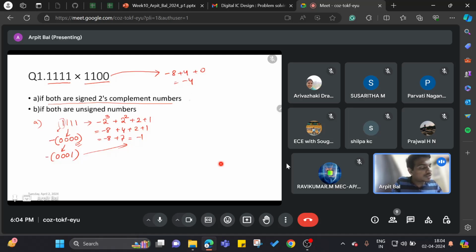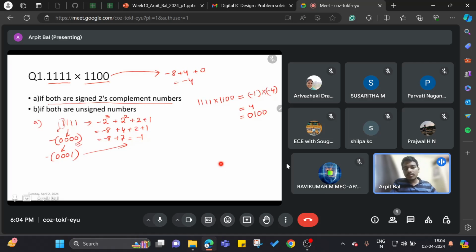So what should be our answer when we do 1111 times 1100? It should be equal to -1 times -4. So what should be the value? 4. Yeah, it should be 0100.